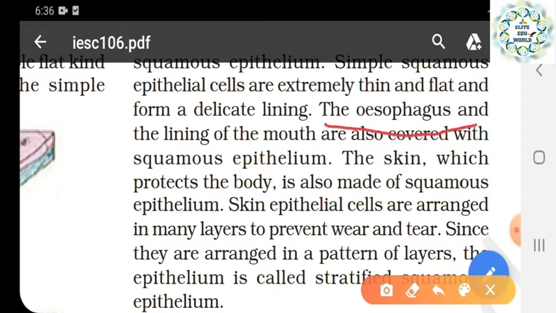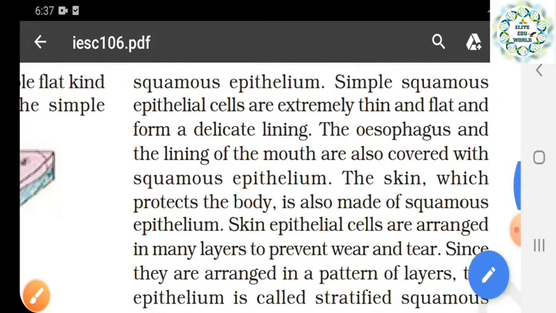This kind of tissue is present in the esophagus and in the lining of the mouth. Inside our mouth is also covered with squamous epithelium. So these are the locations of squamous tissues, which are very flattened.